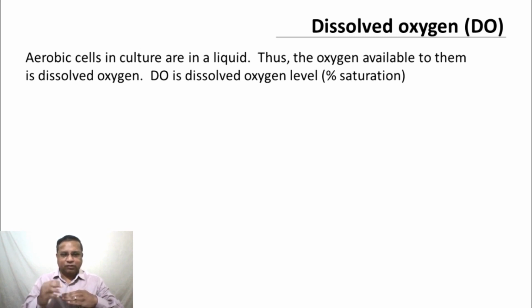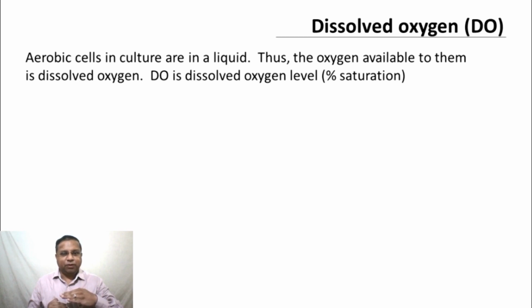The concentrations, of course, bear a certain relationship that is given by Henry's law and so on when the equilibrium is achieved, but they are not equal. You have 21% oxygen in the air. You have probably around 8 ppm under standard conditions. In water, oxygen is a sparingly soluble gas.